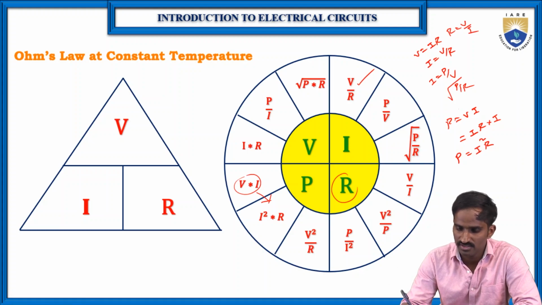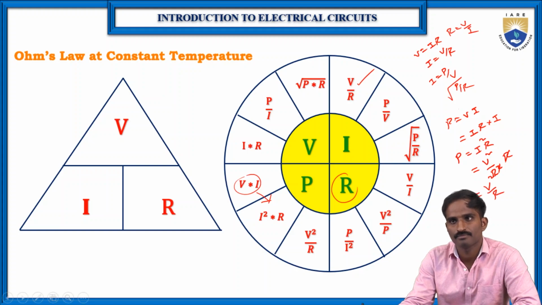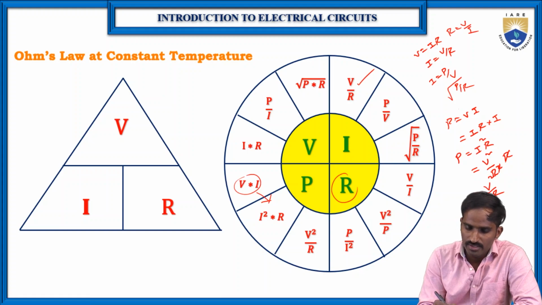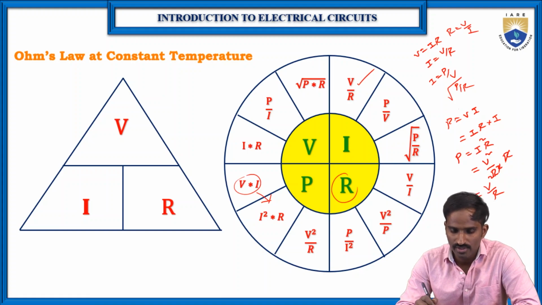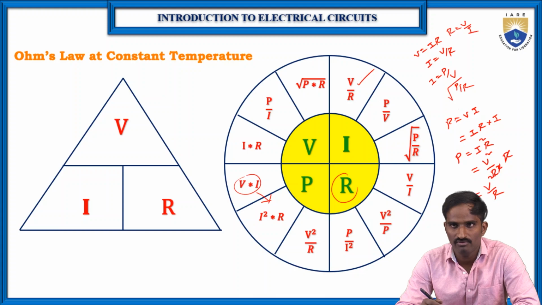And from this, we can define this one, because I is equal to V by R. So I square is V square by R square, because here I square is there. Instead of I, I have substituted V by R into R. So R gets cancelled, then P is equal to V square by R. So by using this circle, you can define the voltage in terms of any other three parameters like current, power and resistor.